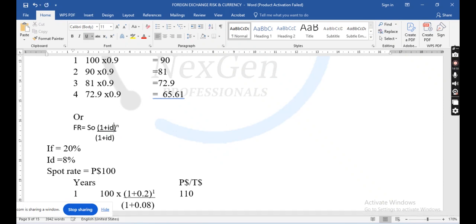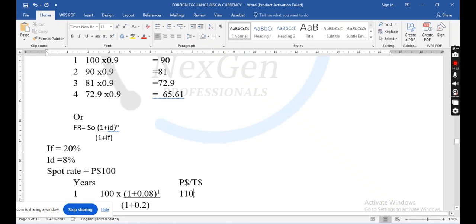So therefore, the domestic inflation will be 0.08, and this will be 0.2.